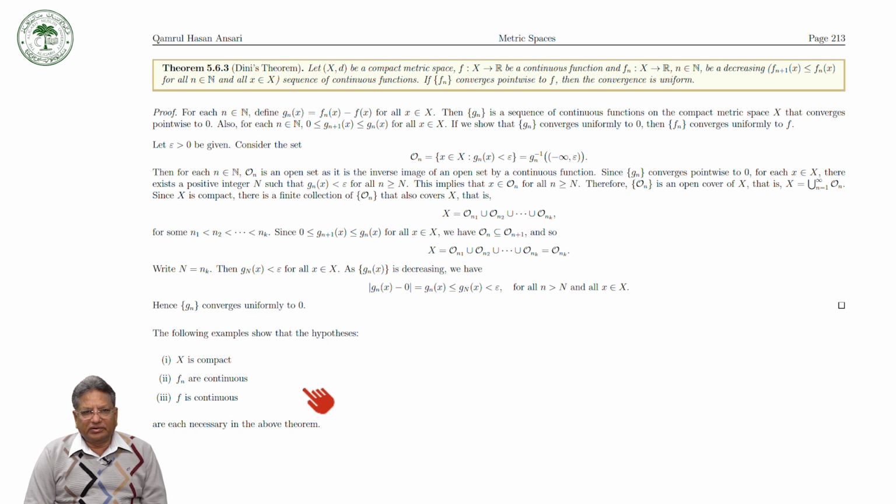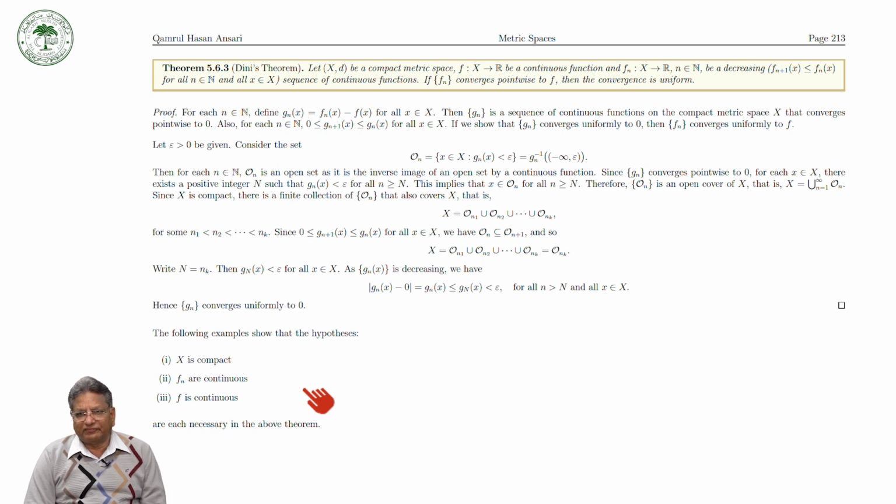Dini's theorem: let (X, d) be a compact metric space. The important thing here is that we have to use the compactness of the domain set. And f is a real valued continuous function from X to R, and F_n is a sequence of continuous functions from X to R such that F_{n+1}(x) is less than or equal to F_n(x).